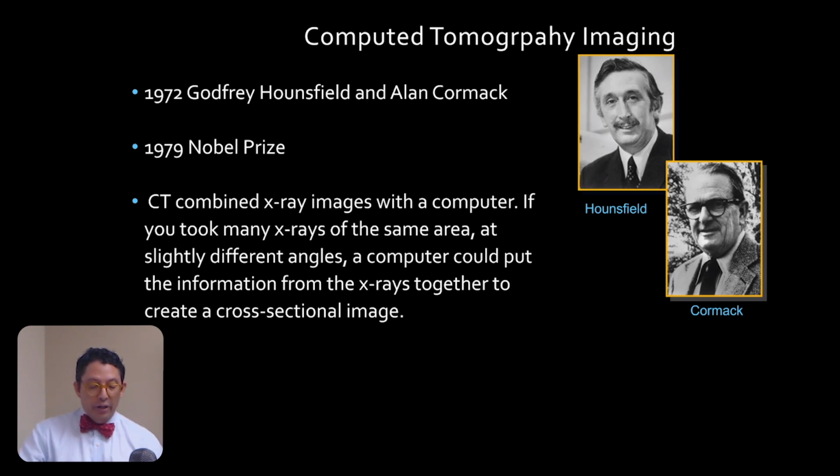CT is a combination of images where a computer combines the X-rays as they rotate around a human. You take many X-rays in the same area at very slightly different angles, and a computer puts the information together and reconstructs a 2D plane where they crossed.